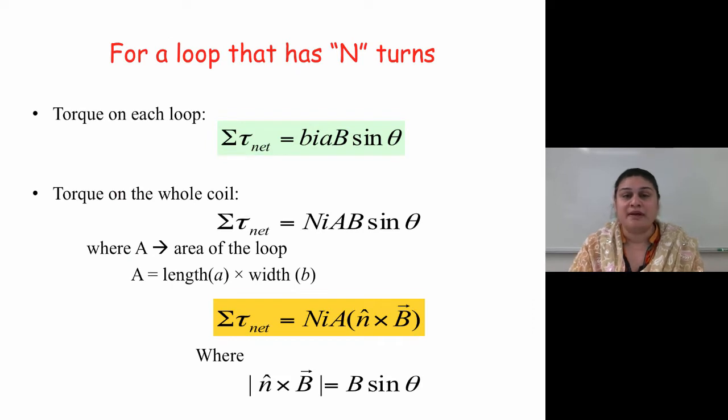So for a loop that has N turns, the torque on the whole coil will be NIAB sine theta, where A is the area of the loop, and N is the perpendicular to the loop.